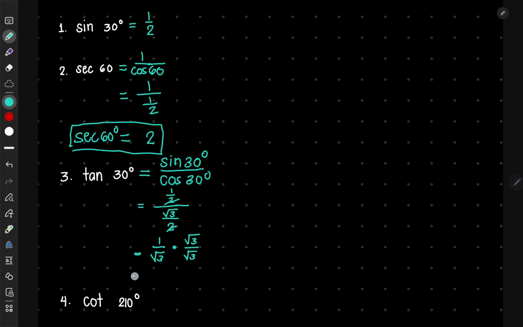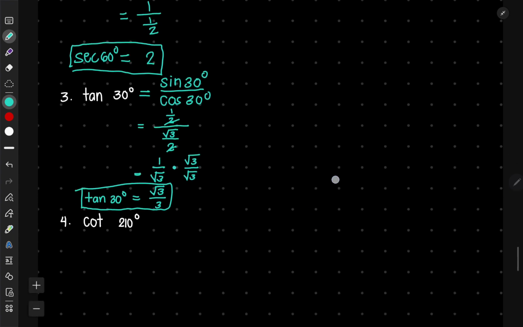So, 1 times square root of 3, that would be square root of 3. Then, square root of 3 times square root of 3, that would be equal to 3. So, that would be the answer for our tangent 30 degrees. So, there it is. Next.